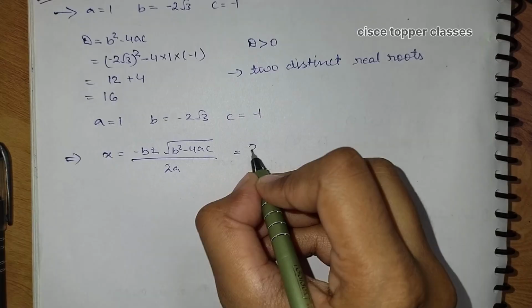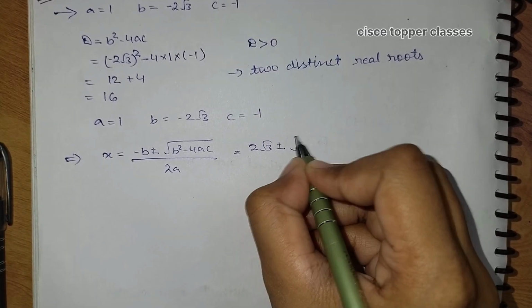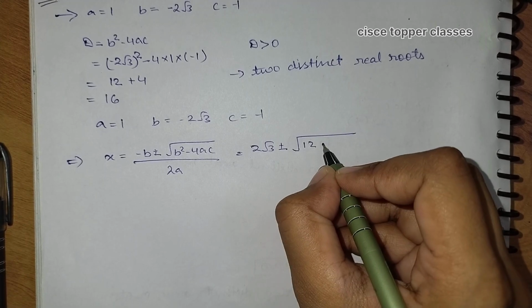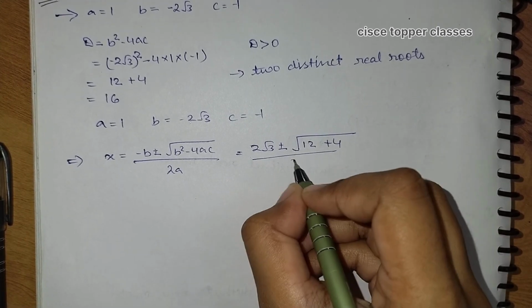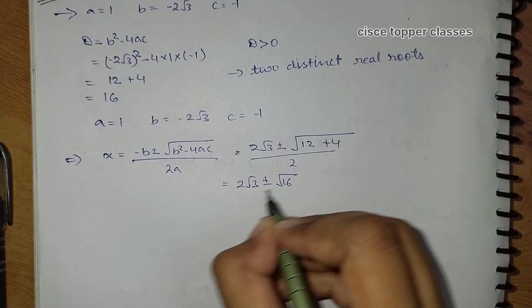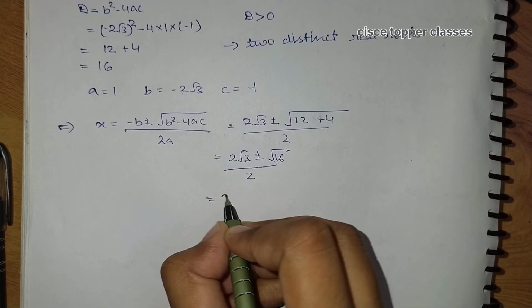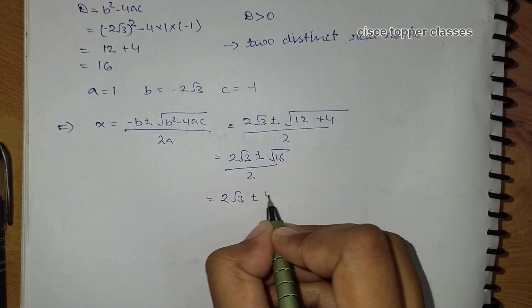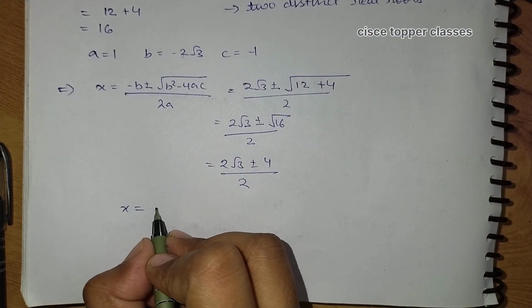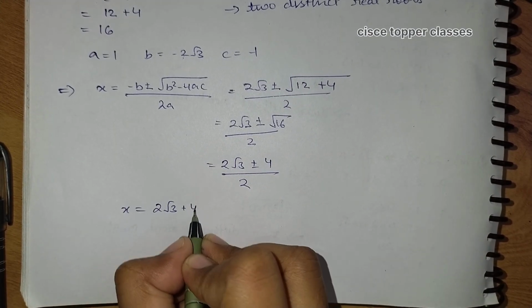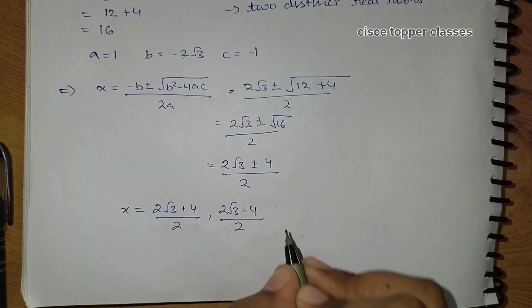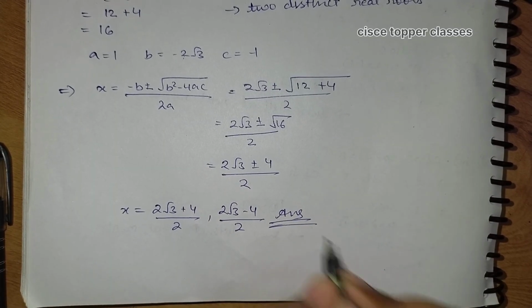If we put in the values, this will become (2√3 ± √(b²)) / 2, where b² will be 4 × 3. So 12 + 4 divided by 2. So (2√3 ± √16) / 2 will be (2√3 ± 4) / 2. From that, x is equal to (2√3 + 4)/2 and (2√3 − 4)/2 is the final answer here in this question.